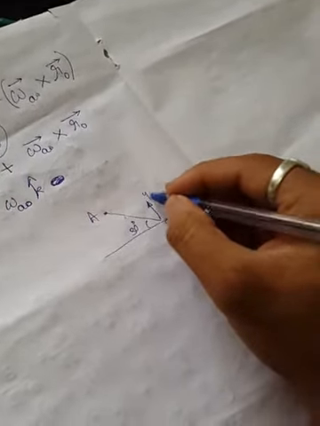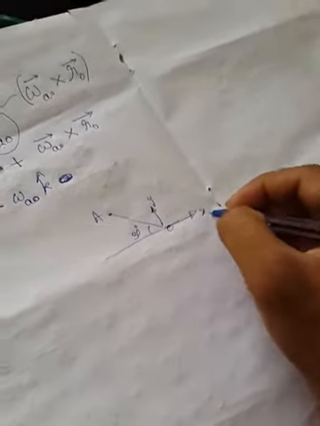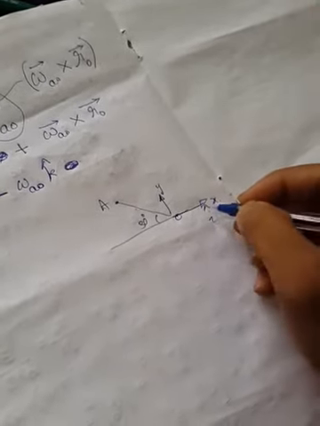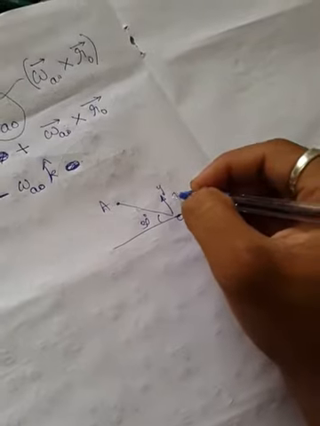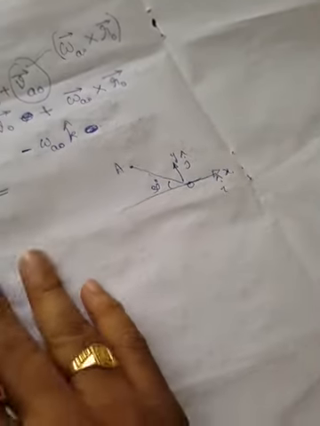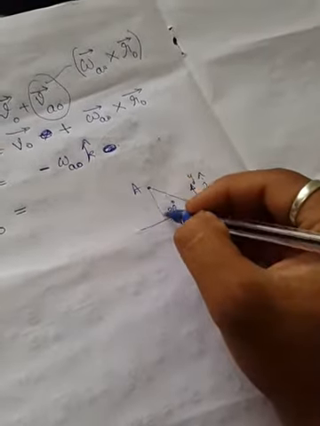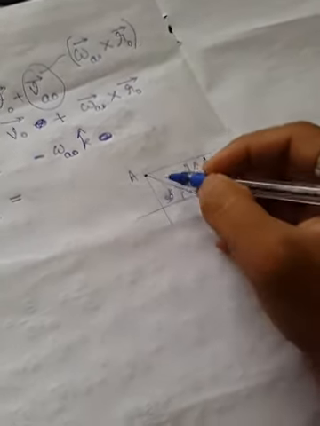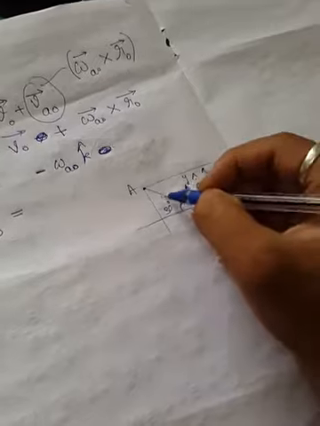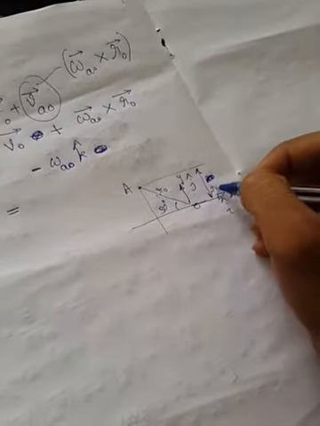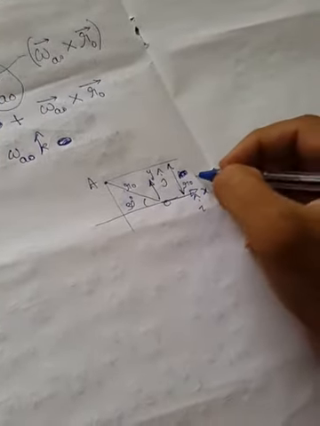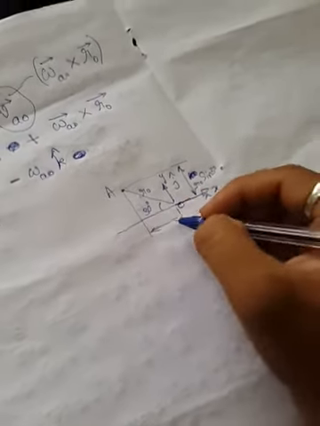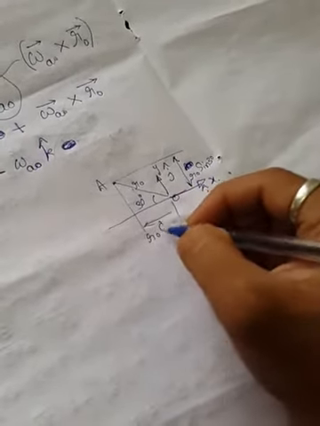This is Y, this is X, and i is along X and j is along Y. The intercepts these make: this length is AO, which is R_O, so R_O times sin 30, and this length is R_O cos 30.